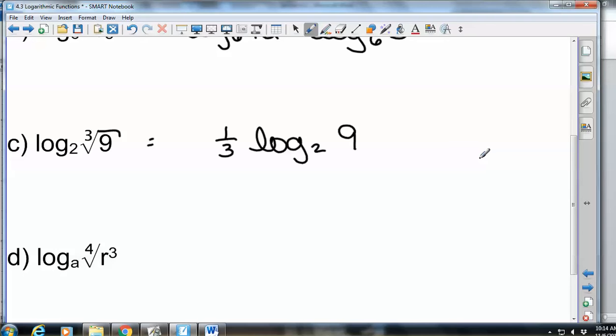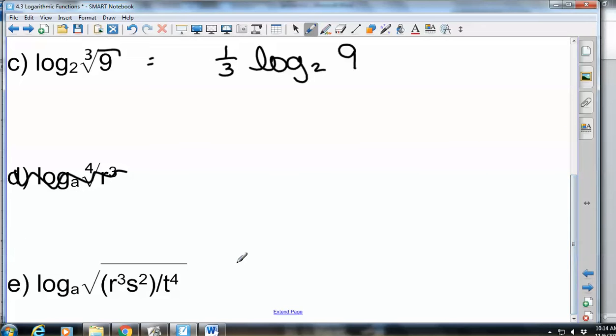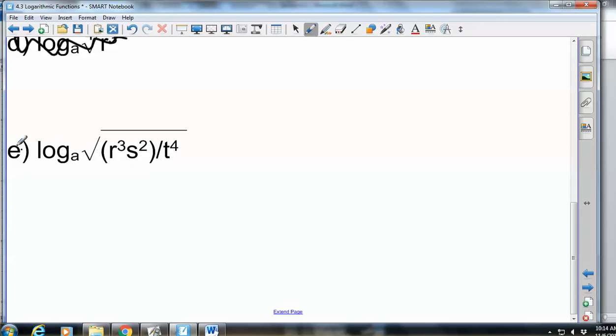I'm going to skip D because it's pretty much the same as the one we just did. I'm going to give you a different one to finish. Let's simplify this a bit.